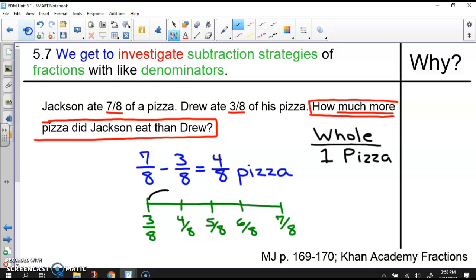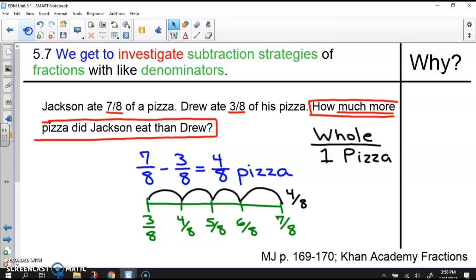So here we would go up 1/8, 2/8, 3/8, and 4/8. So you can also use a counting up strategy to help you solve these problems.